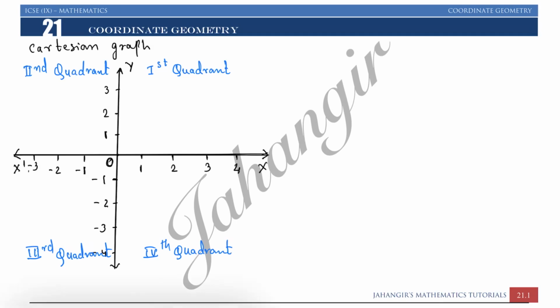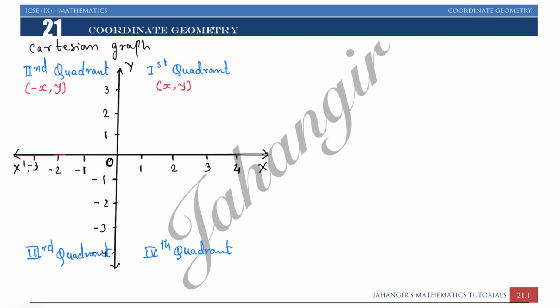In first quadrant, if you will see, this is x value and this is y value, both are positive, so we can say x is positive as well as y is positive. Now in second quadrant, x is negative, y is positive, so we can say minus x comma y.